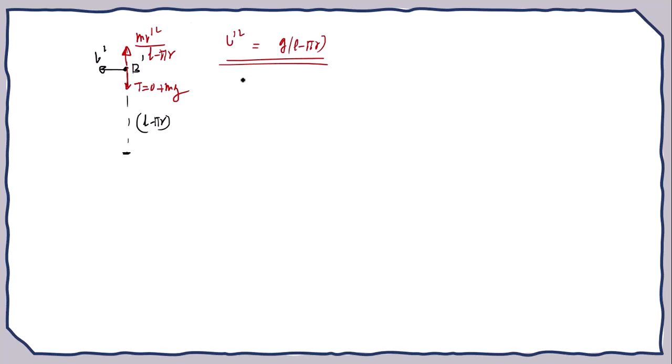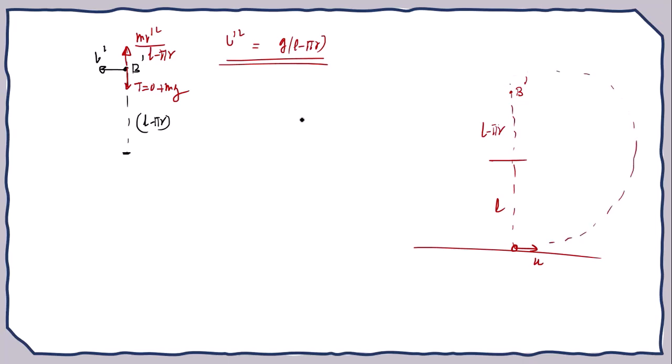Now, in order to attain that much velocity, let us say this is the point B prime, which is at a distance of L minus pi r. From the ground reference frame, this point is at a distance of L. Here I am projecting the particle with the velocity of u, and it goes up to point B prime.